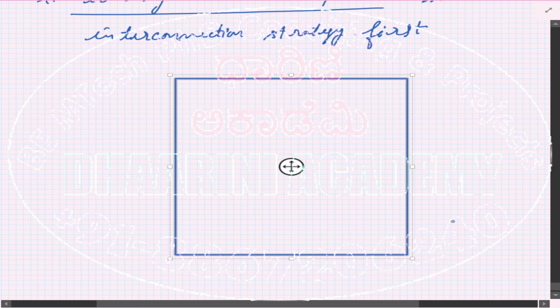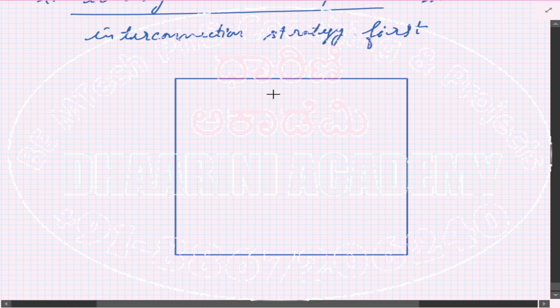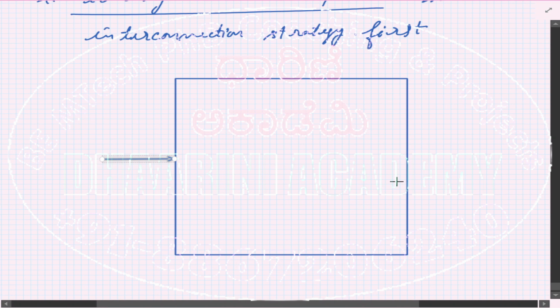Let us say this is one of the blocks. It can be control, it can be ALU, it can be memory, it can be IO, input output. In any of these, we will send the data in from one side. This is the path in which data enters, and after performing some operation, the data will go out.